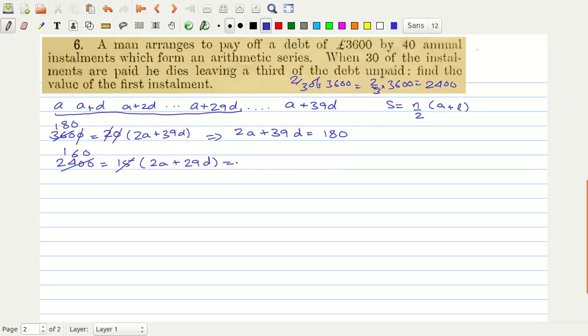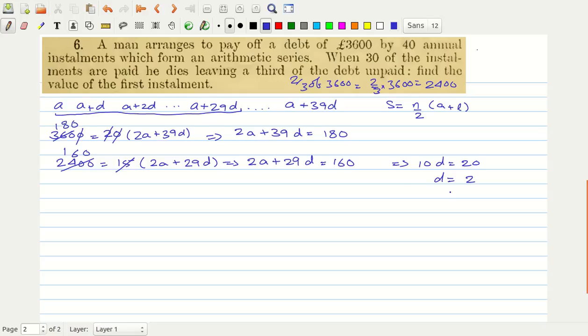So the second equation is 2a plus 29d is equal to 160. This implies that if you subtract this from this, you get 10d is equal to 20 and d is equal to 2.